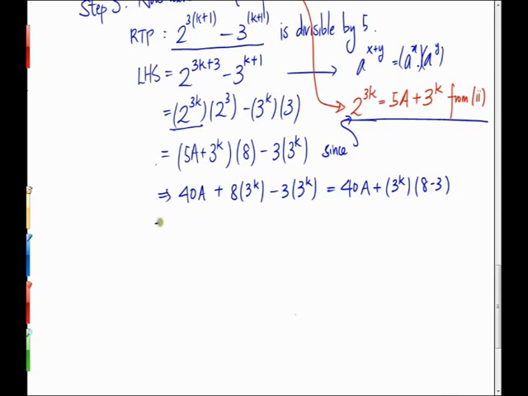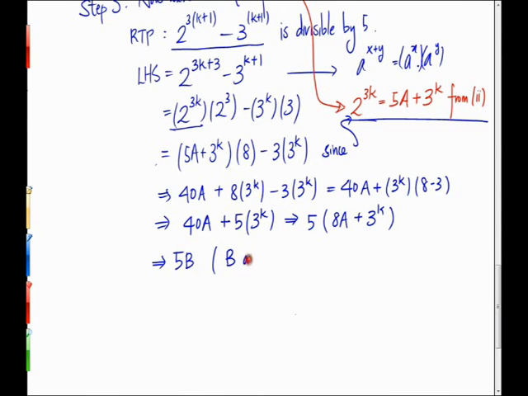Alright, so quickly that turns into 40 times the integer plus 5 times 3 to the power of k, which then you can finally take out a 5. 5 times 8 times some integer plus 3 to the k, which is a whole number, which equals 5b, b an integer.